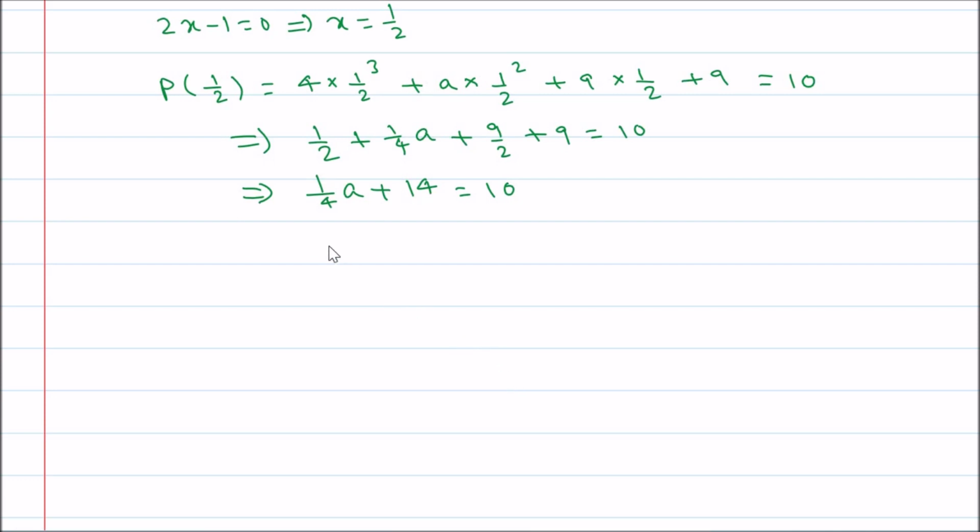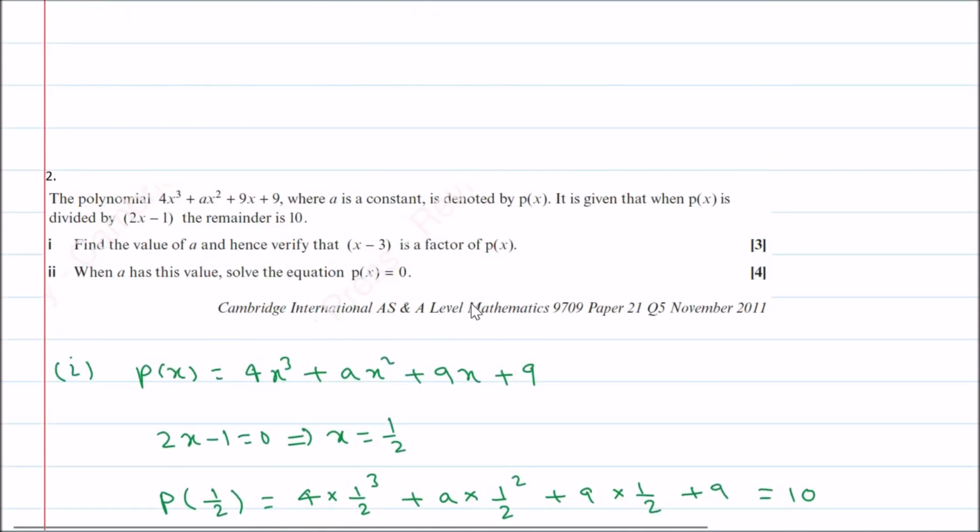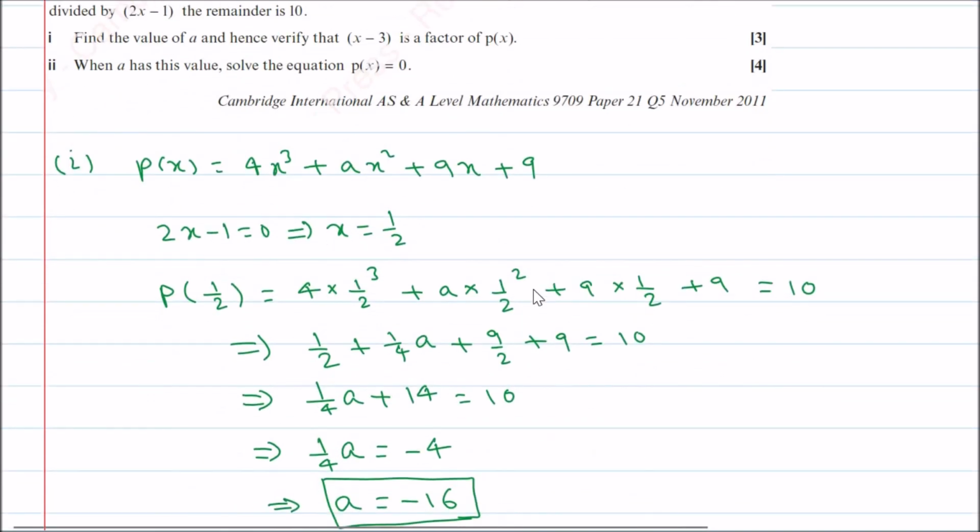So 1 by 4a equal to 10 minus 14, that is minus 4. So this implies that a equal to minus 16. So part 1 was asking the value of a, and we have done that part.